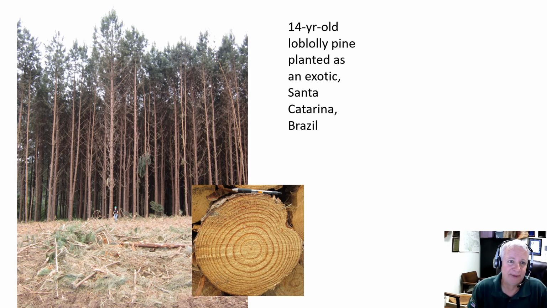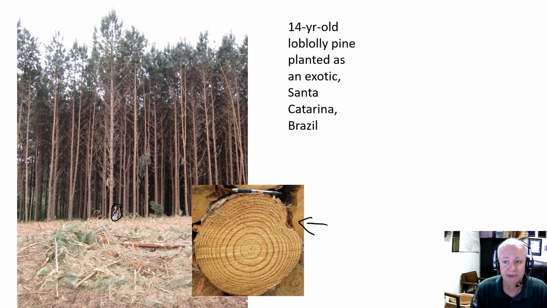Here's another example. This is Loblolly Pine planted as an exotic in Brazil. Here's a person right here. This is probably a 5.5 foot tall person. And this is a stand of Loblolly Pine at age 14. It's being harvested. Here's a cross section of one of those trees here at age 14. Very rapidly growing.